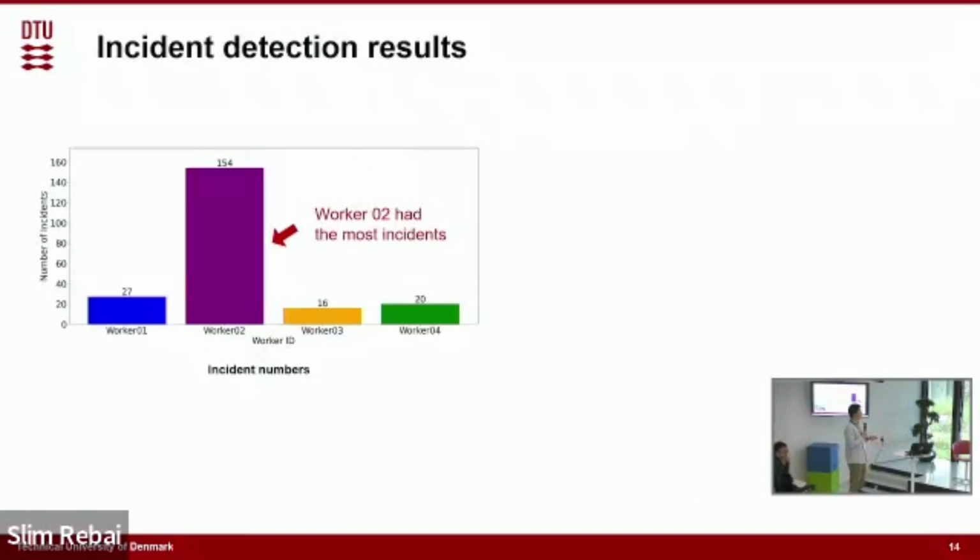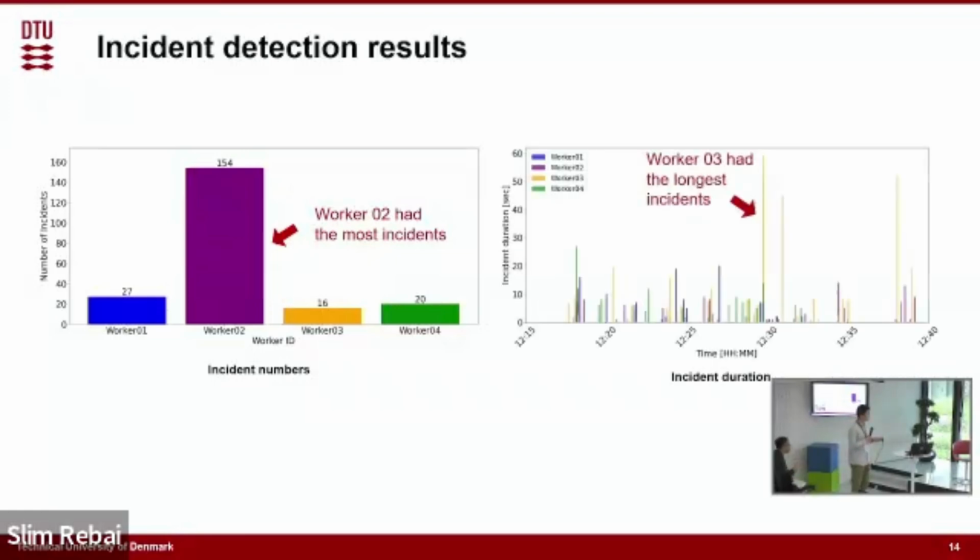And from the results, we can get some very insightful information. First, from the counts of incidents, we can see Walker 2 has the most incidents, significantly more than other walkers. But looking into the detail of each incident, we can see Walker 3 actually had the longest incident, and we want to further understand why.